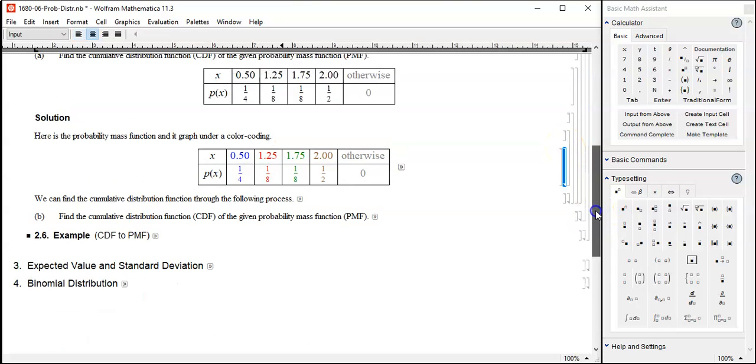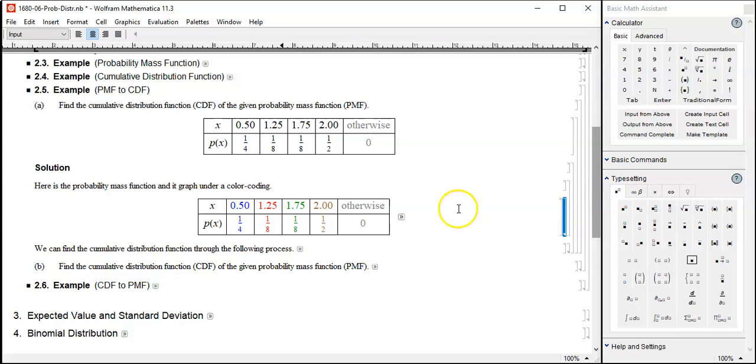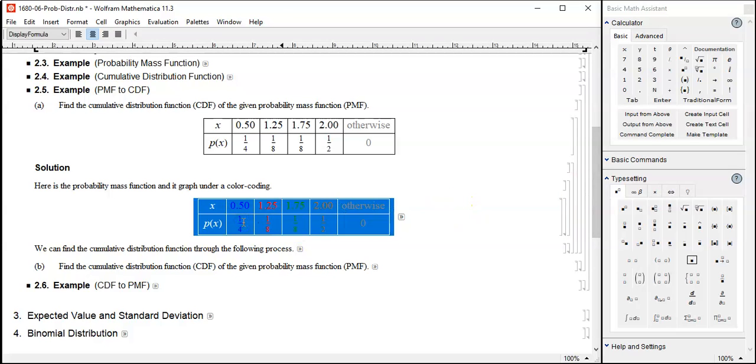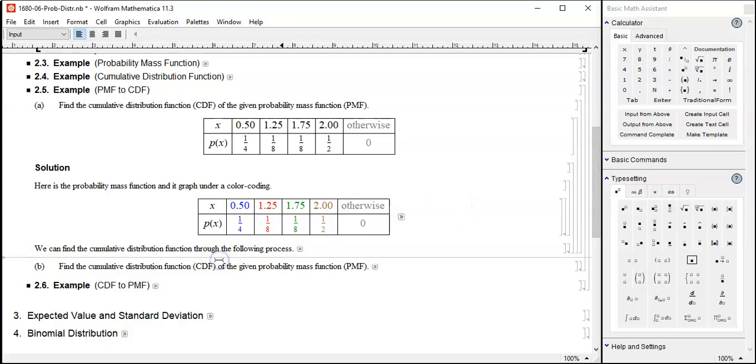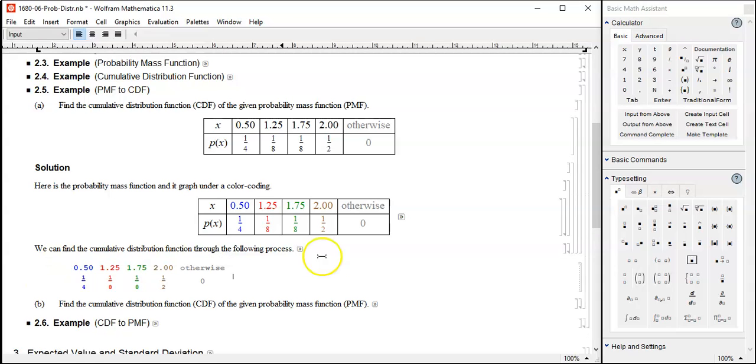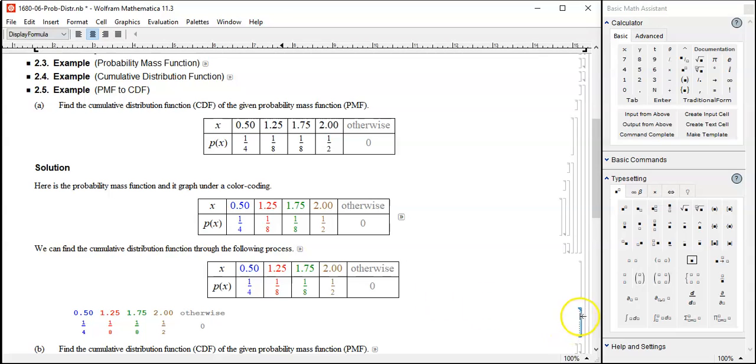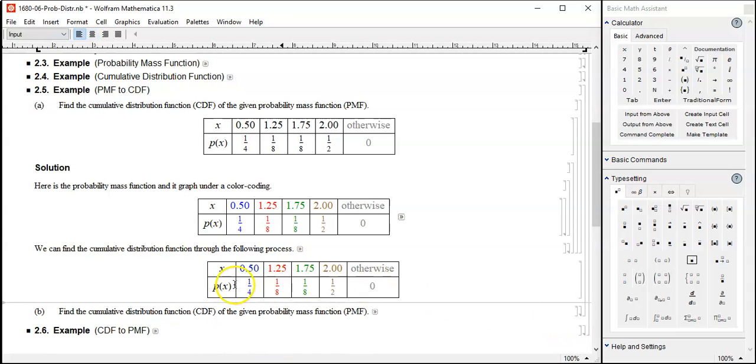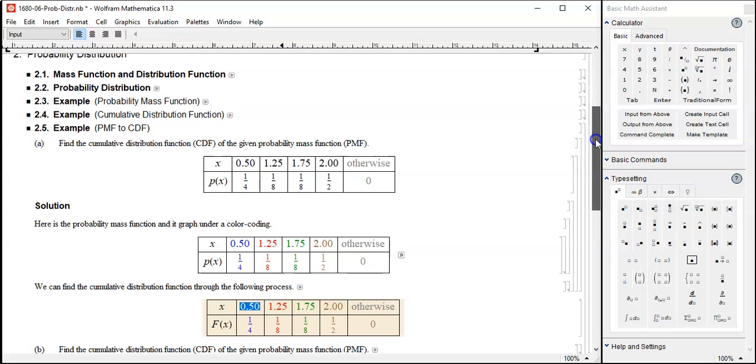Now let's find the cumulative distribution function. The cumulative distribution function is the cumulative probability. Cumulative distribution functions are defined for each interval, not at a value. Let's go back to the definition here.